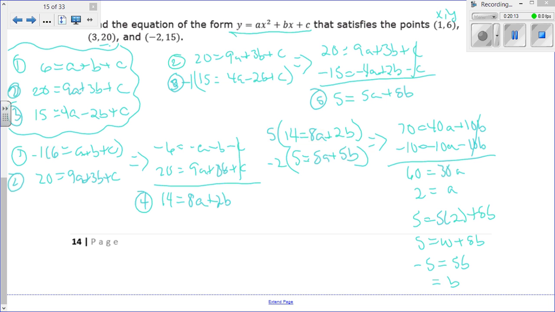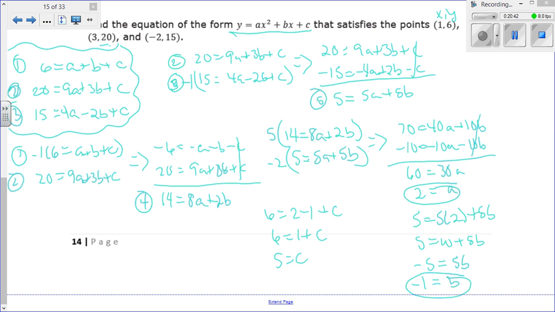So b equals negative 1. So I have a, I have b. Now I need to find c. And I think the easiest way to find c is to use equation number 1. So I will have 6 equals 2 minus 1 plus c. So 6 equals 1 plus c. Subtract the 1, so 5 equals c.